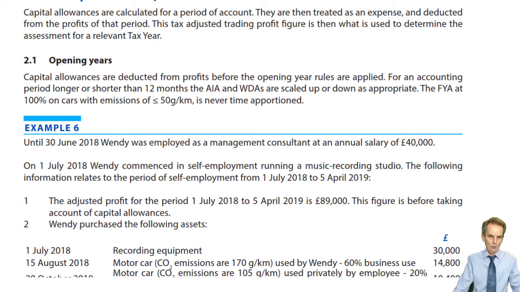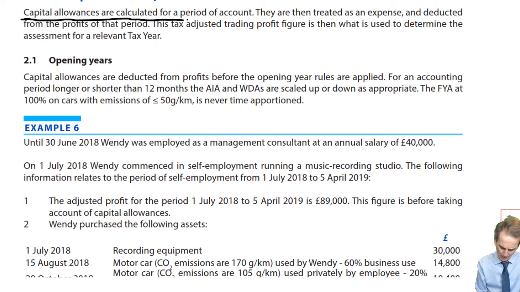So what problems arise when dealing with the capital allowance computation, firstly in opening years and thereafter in closing years? Well, actually, and thankfully, there's nothing that we're doing here that we haven't already dealt with and discussed in chapter 5. So this is revision. We know that our capital allowances computation is going to be prepared, and we'll calculate the allowances for the particular period for which the accounts have been prepared.